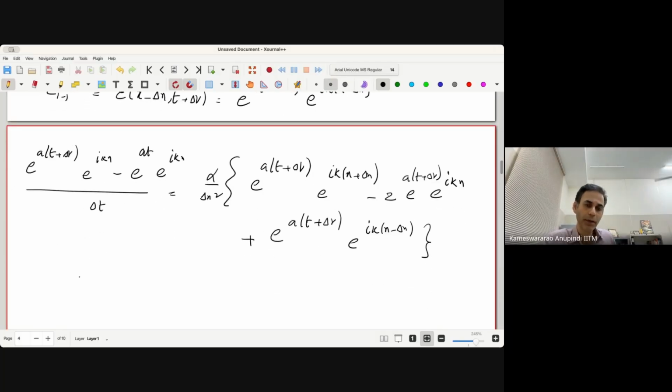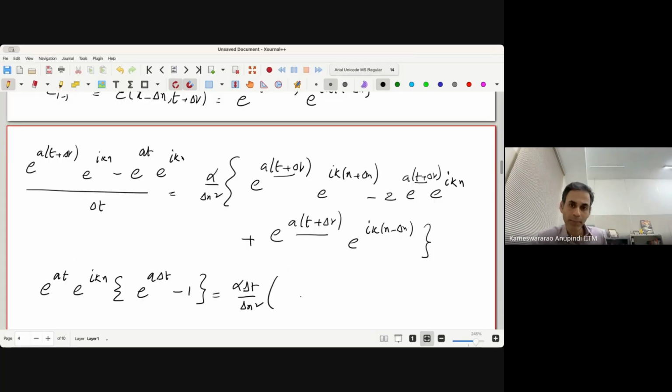So I can write this as e to the power at times e to the power ikx common. This is going to give me e to the power a delta t minus 1 equals alpha delta t by delta x square times, again I can take e to the power a(t plus delta t) common from all of them, and then e to the power ikx common.